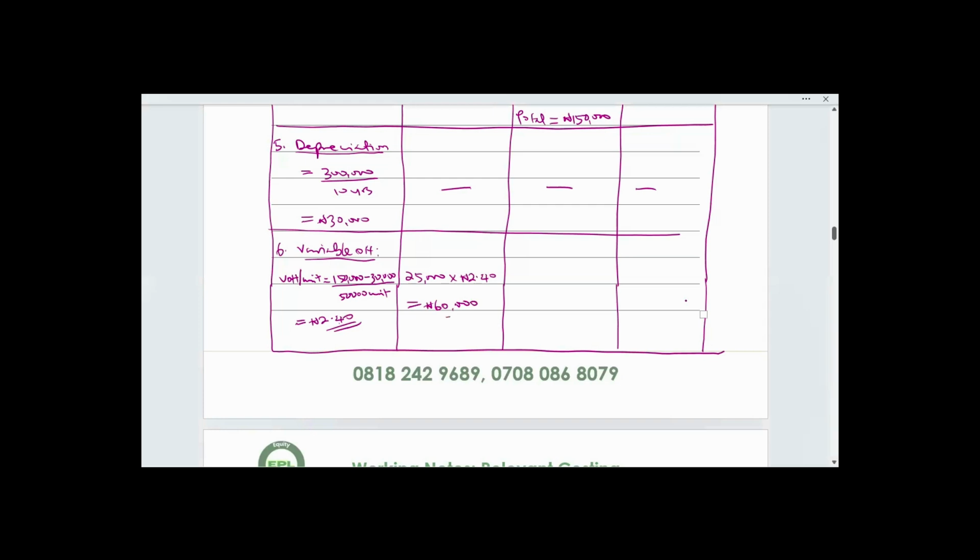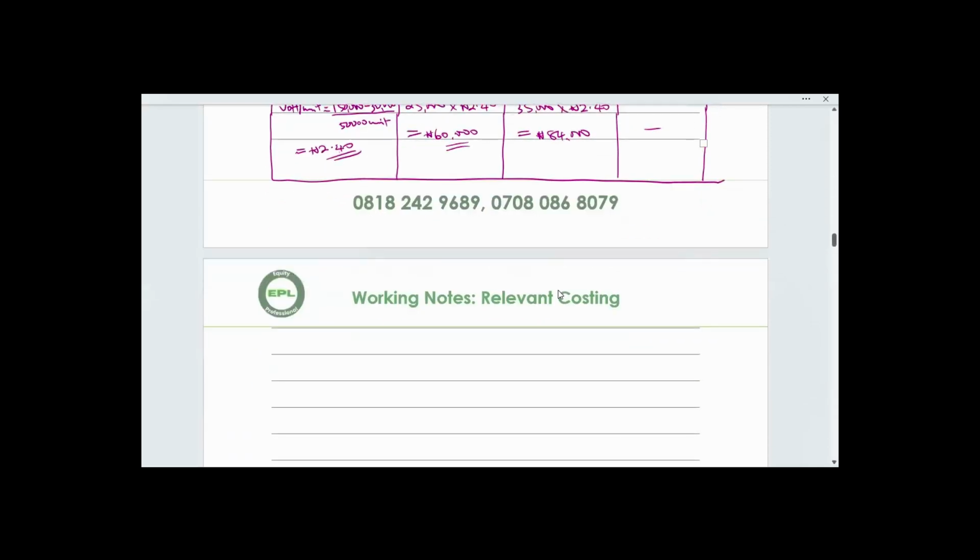So under option 1, the company will incur variable overhead of 60,000 naira. Then under option 2, 35,000 multiplied by 2.4 equal 84,000 naira. So there is variable overhead of 84,000 naira under option 2. So move on to the next one. We are still on that same paragraph.